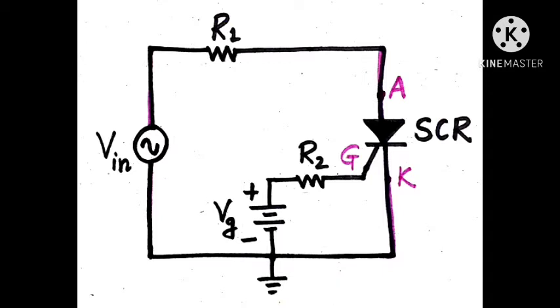This method of applying the gate voltage is called gate triggering. As you know, triggering is a process to turn on an SCR. Now let us see the IV characteristics, that is, the representative curves.